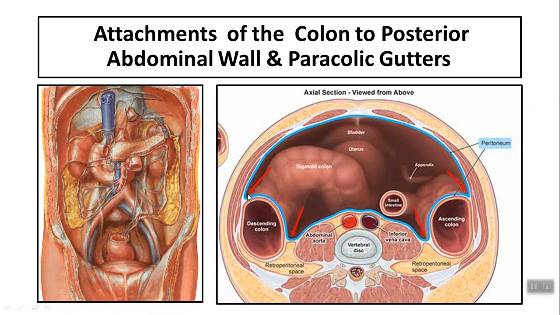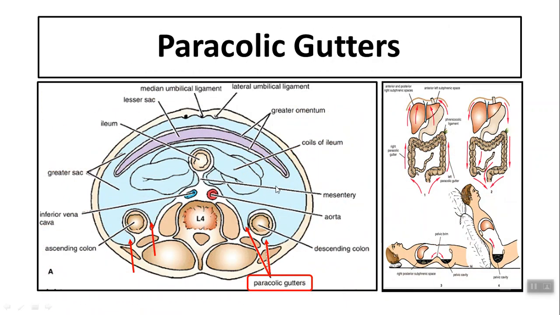On the medial and lateral side of the ascending colon, we have this angle that is called the paracolic gutter. There is a continuity with the subphrenic spaces, and there is a chance for the movement of infected fluid from the subphrenic spaces to the paracolic gutters.